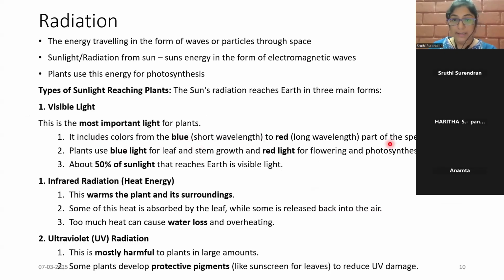The blue color and the red color part of the spectrum, and infrared radiation, the energy that is obtained from the surroundings, that is, the energy emitted by the Earth's surface or from the clouds or from the atmosphere, is the radiation in the infrared portion. And ultraviolet radiation is mostly harmful to plants in large amounts, but in small amounts plants do make use of UV radiation.